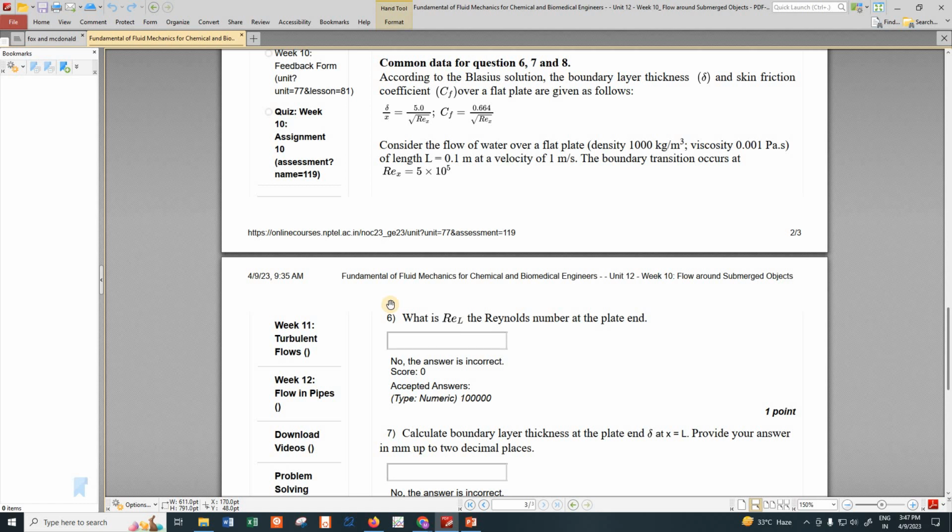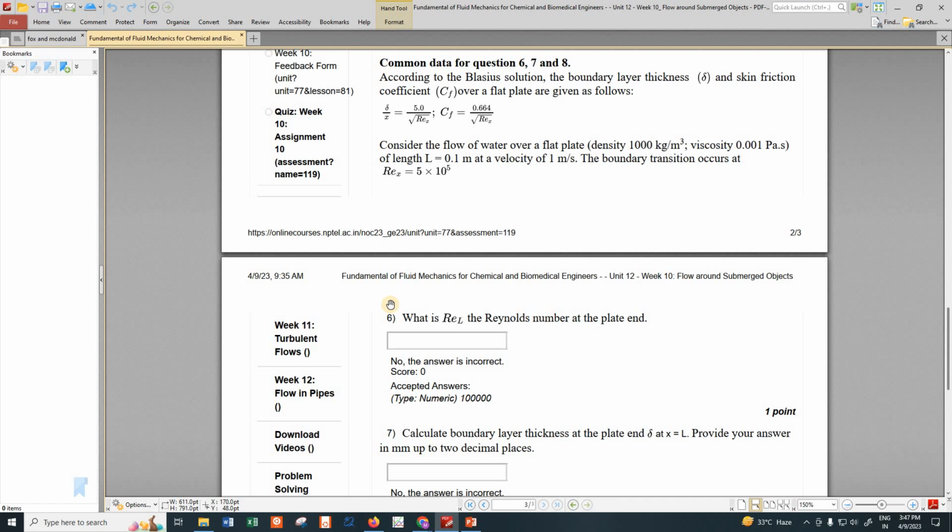According to the Blasius solution, the boundary layer thickness delta and the skin friction coefficient Cf over a flat plate are given as follows. Delta by x is equal to 5 by square root of Reynolds number, and the skin friction coefficient is given as 0.664 divided by the square root of Reynolds number.